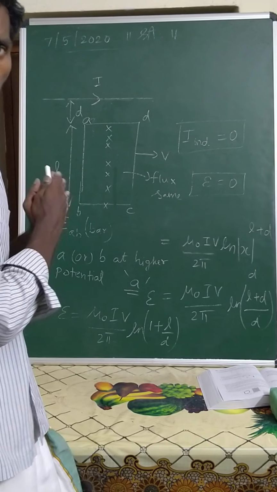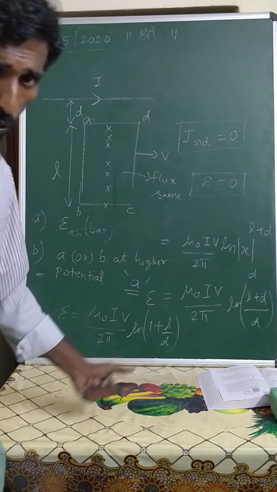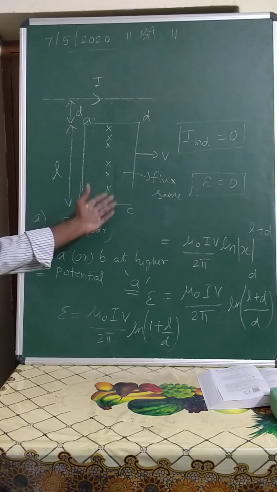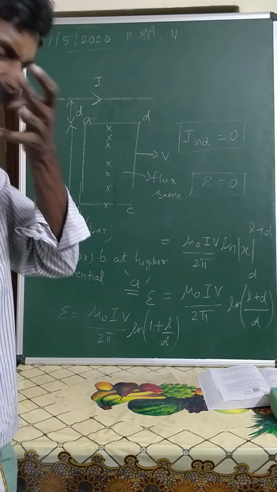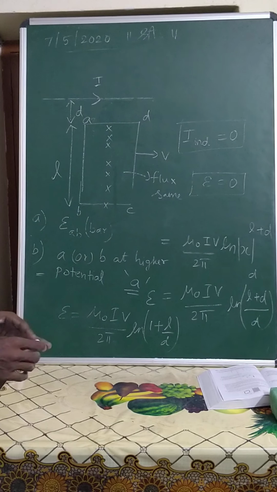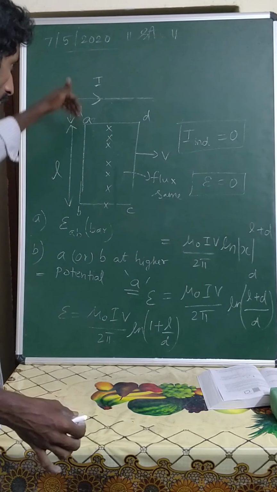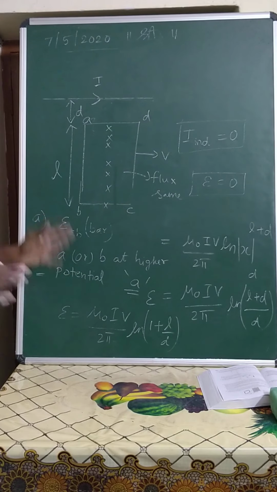That should be taken into account. Then only will the induced current be there, else the induced current will be 0. So in this case, the induced current will be 0. Okay, so no changing flux. We cannot consider charge moving from this end to that end, so we cannot have a higher potential at one end and lower potential at the other end in all cases to have a current.